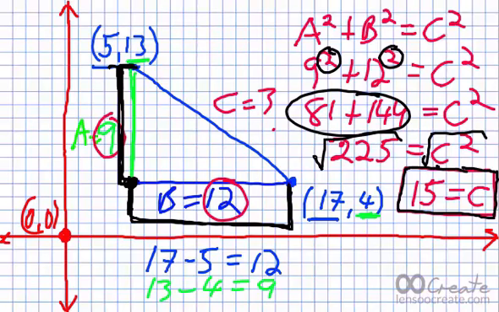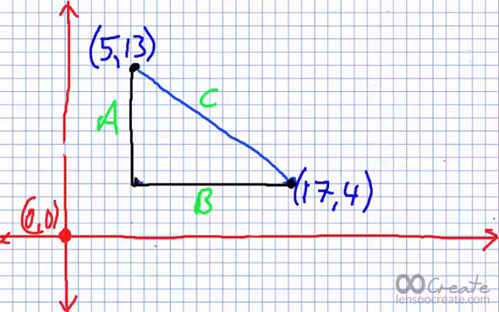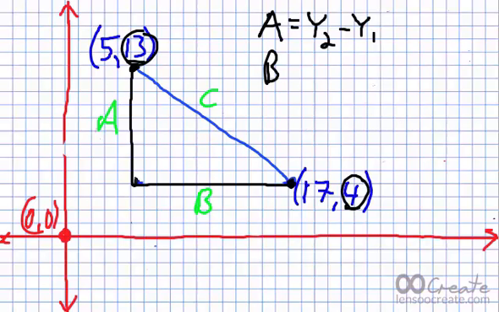So we can come up with a formula for this now. So going back to my original drawing, I know that a is going to be the difference between the y values. So a is going to be y2 minus y1. 13 minus 4. B is going to be x2 minus x1. 17 minus 5.